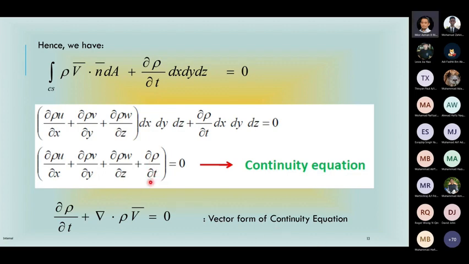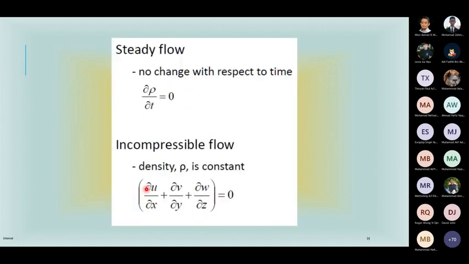So if it's a steady state, where all the values are the same with respect to time, this term will be 0. No change with respect to time, so the change of density equals 0.